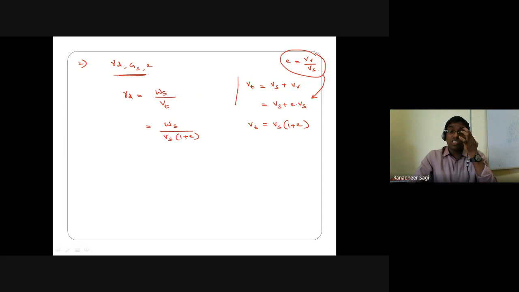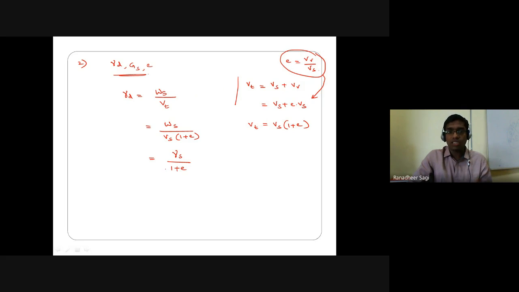Now, weight of soil solids by volume of soil solids is the unit weight of soil solids, divided by 1 plus e. But what is the relation that I am interested in looking at? The relation should be in terms of gamma d, Gs and e.